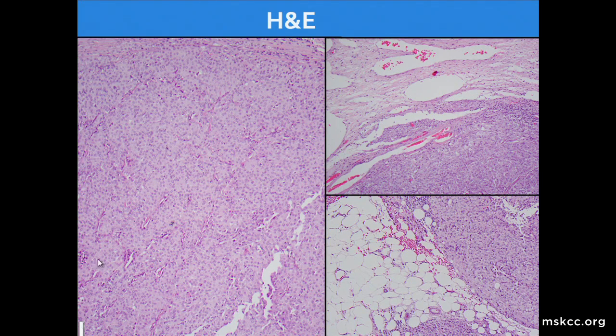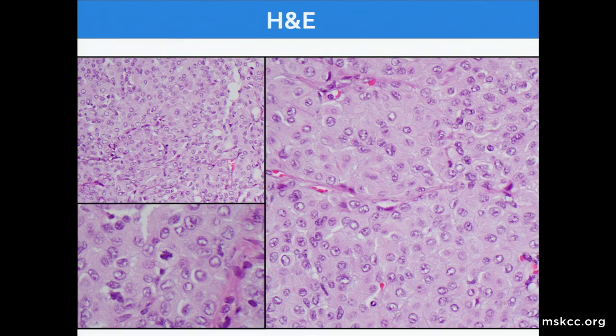Under medium power here, it has a solid, vaguely nested architecture with thin fibrovascular cores. There was lymphovascular invasion, and as I already told you, it was extending in the periadrenal fat. Under high power, you see that there is some anisocytosis, some variation in the nuclear size.